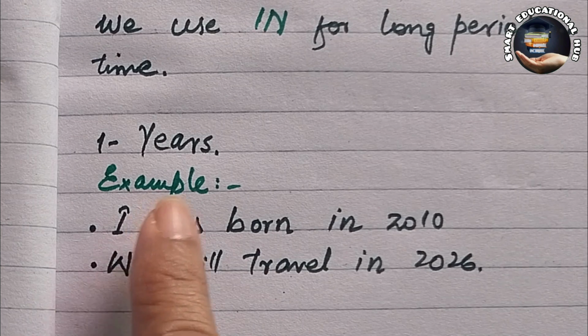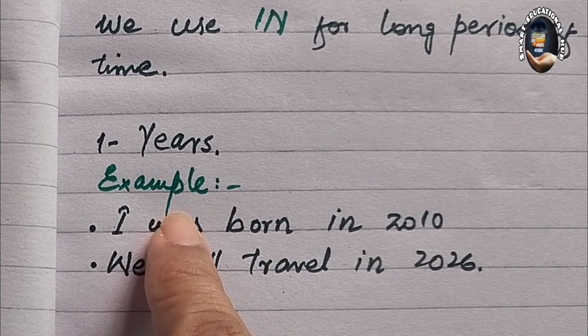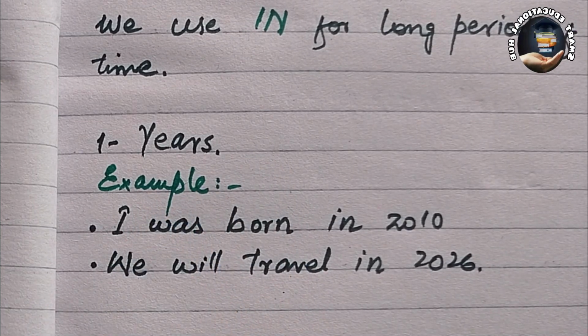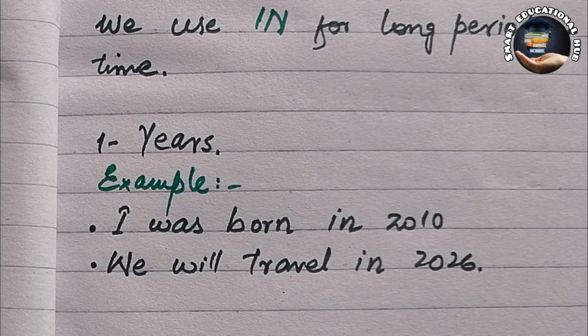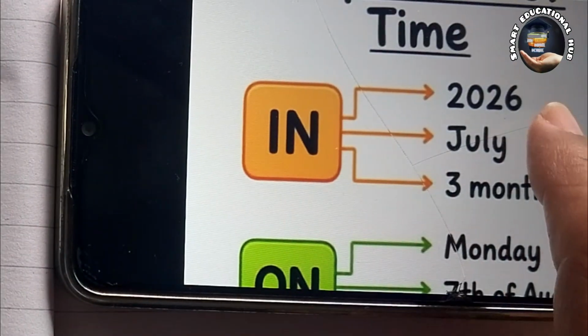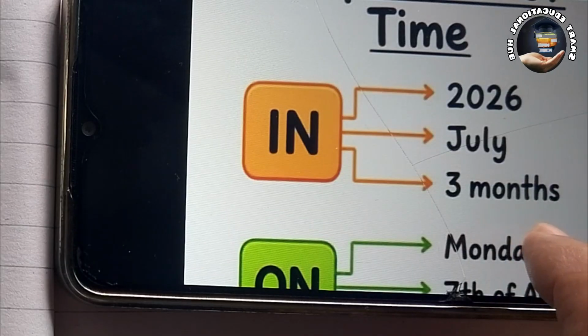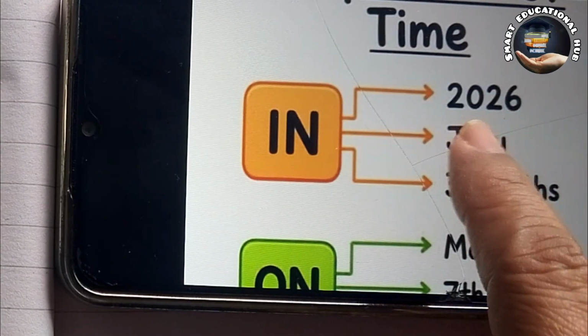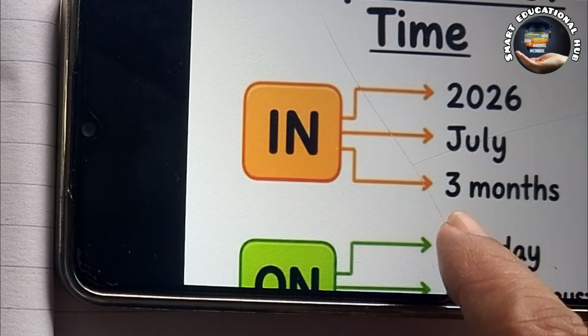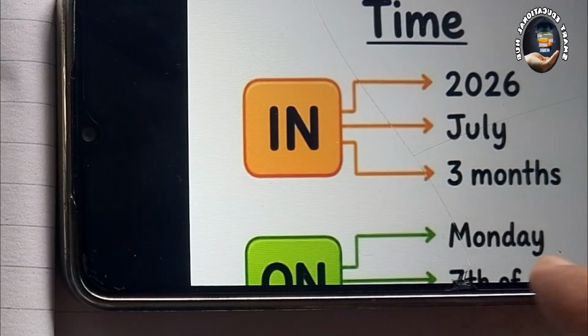Similarly, we use in for months, right? And as you know, we use in for years, months, and long periods of time, just like 2026, July, and 3 months, right?